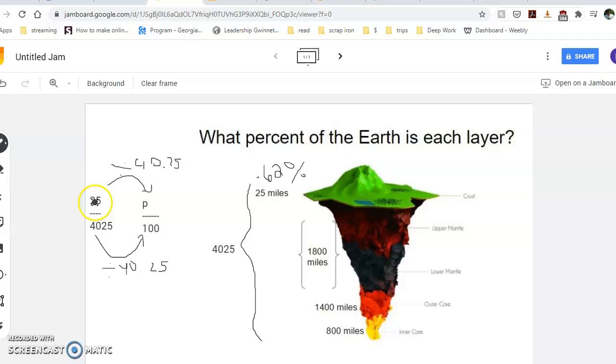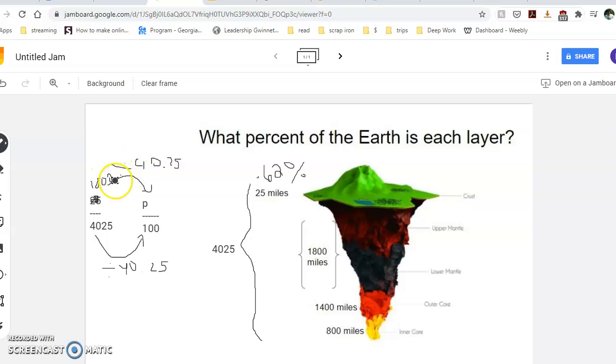I just have to scribble this out, I guess. And now I'm doing really the same problem with a different numerator. So instead of 25 out of 4,025, the mantle is 1,800 out of 4,025. And then all the math's the same. I'm still going to divide by 40 and 2,500.